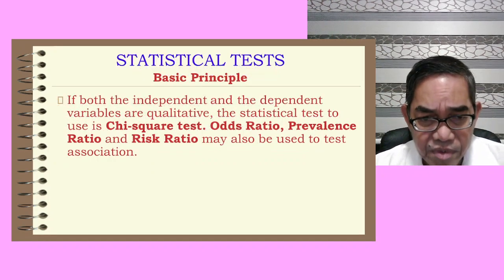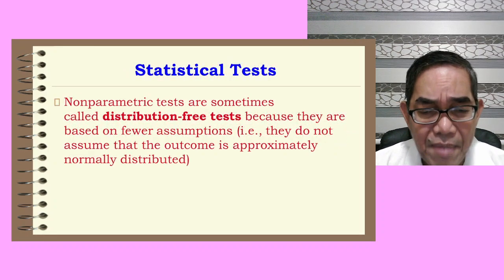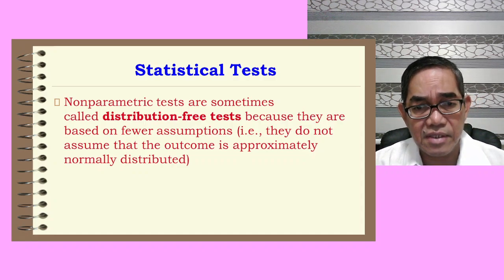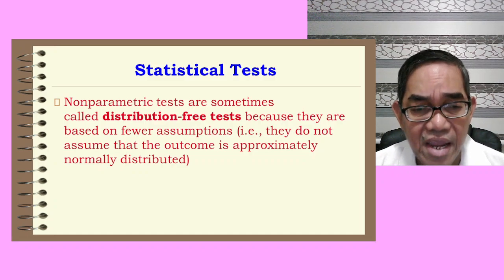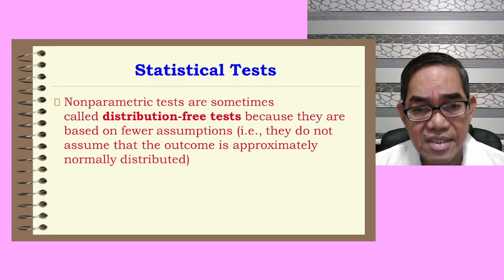Just to go back, we use non-parametric tests if the scale of measurement is either nominal, ordinal, or interval. With ratio, we talk of parametric tests.